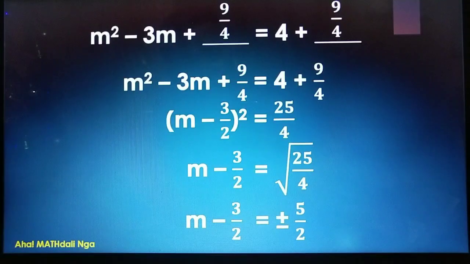To extract the square root of a fraction, we need to take the square root of the numerator first, then the square root of the denominator. The square root of 25 is 5. The square root of 4 is 2. That's why we have 5 over 2.